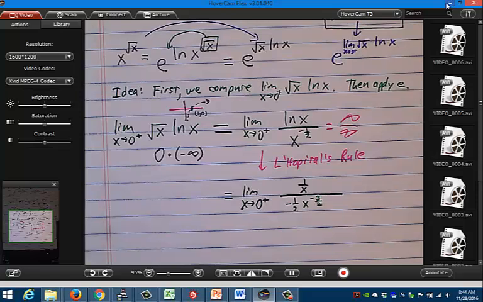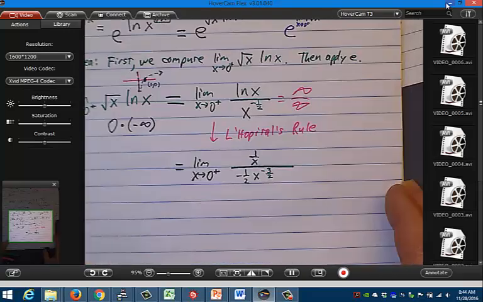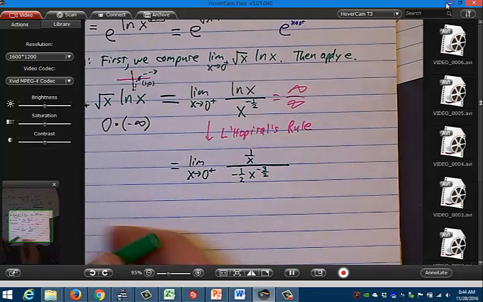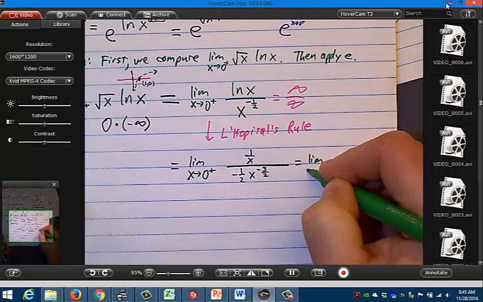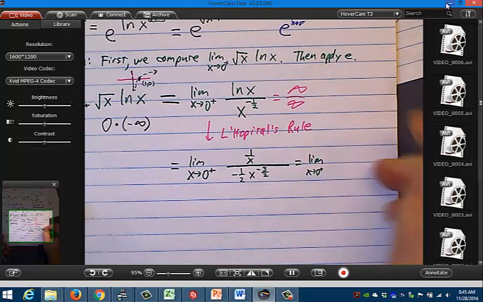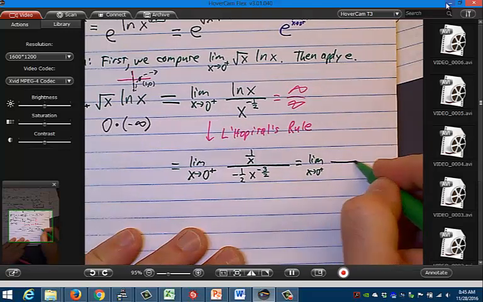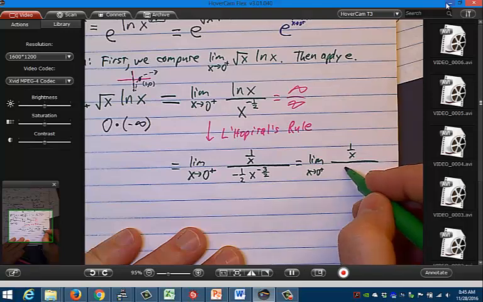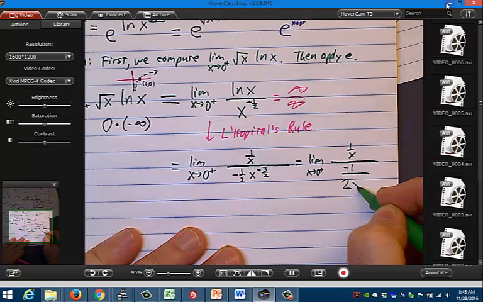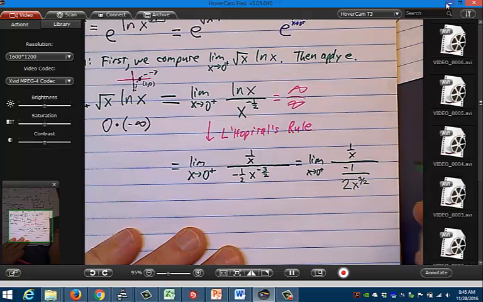So I'd like to put it back together before I plug in the zeros. This is the limit as x approaches 0 of that numerator, 1 over x, but the denominator you could write as negative 1 over 2x to the 3/2.